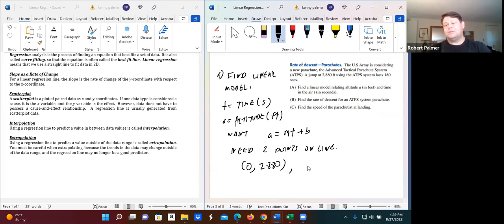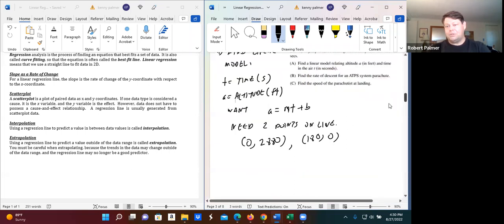The next point says it lasts 180 seconds, where time is our independent variable. At 180 seconds, what's our altitude? Let's assume it's 0. So there are our two points: at time 0, you're at 2,880 feet, and at time 180 seconds, you're at the ground, at 0 feet.